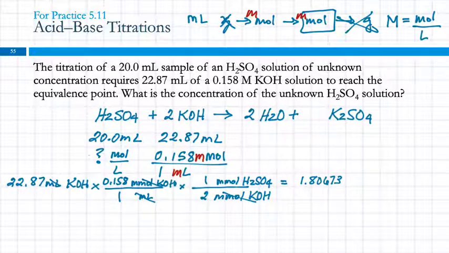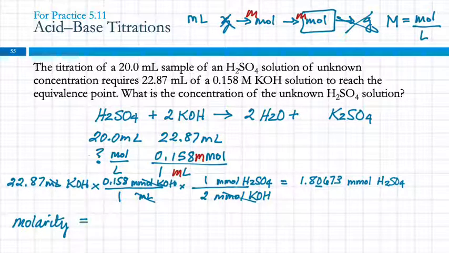And so my calculator is giving me 1.80673, and that would be millimoles of H2SO4. How many significant figures should that have? 3. The volume has 4, but the concentration only has 3. So if I want molarity, concentration, that's moles over liters.